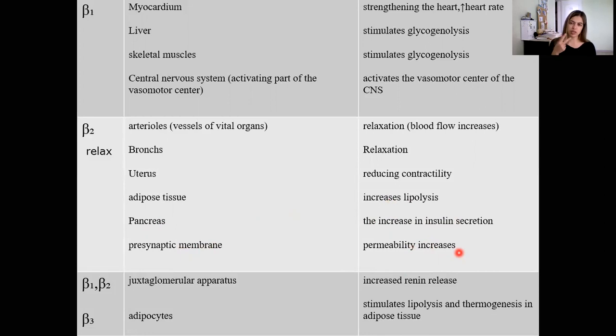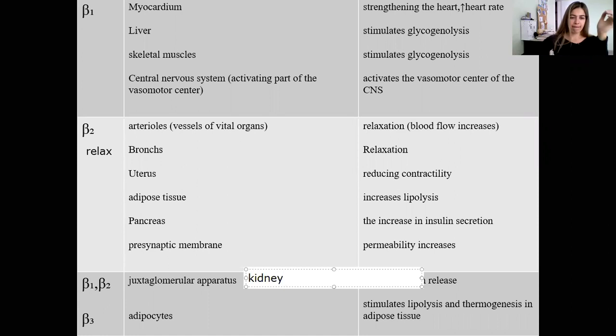We have alpha 2 receptors, which stop the permeability of this membrane for the catecholamines. And we also have beta receptors, which increase the permeability of this presynaptic membrane for the catecholamines. And also in the juxtaglomerular apparatus, which is in the kidney, we have all these types of receptors, beta 1, beta 2, beta 3.